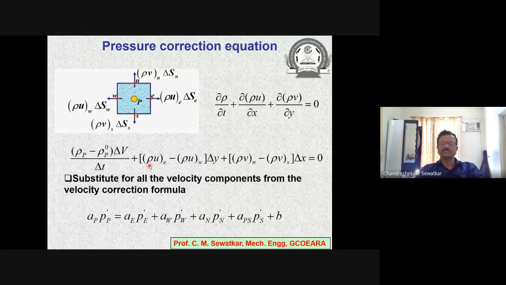Then (rho ue minus rho uw) into delta y, plus (rho vn minus rho vs) into delta x, because this area is delta x and this area is delta y, and that should be equal to 0. That's my continuity equation.